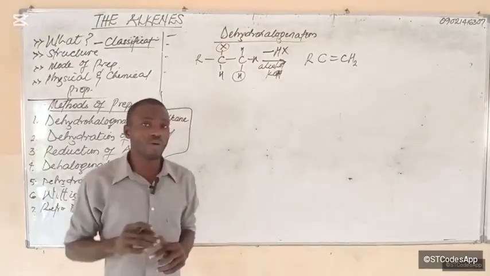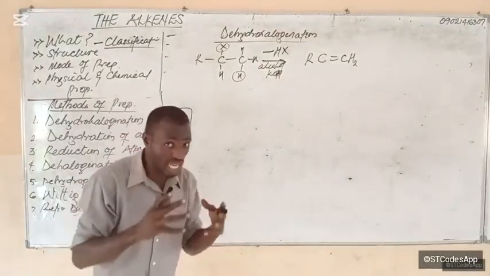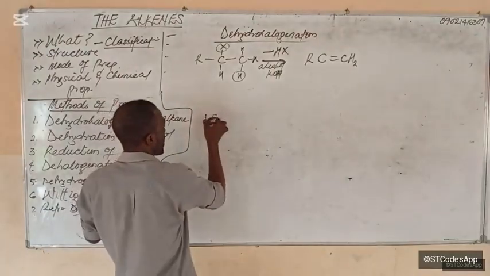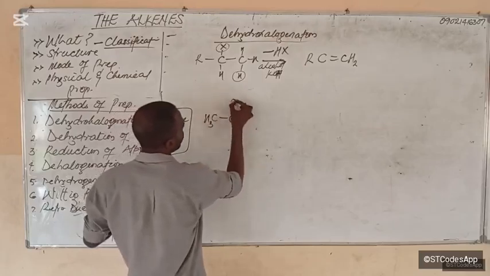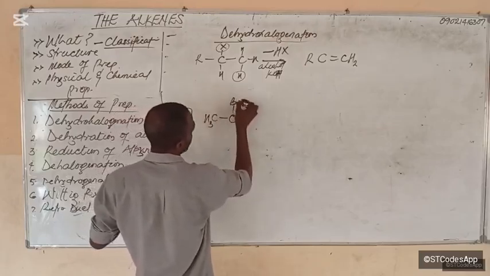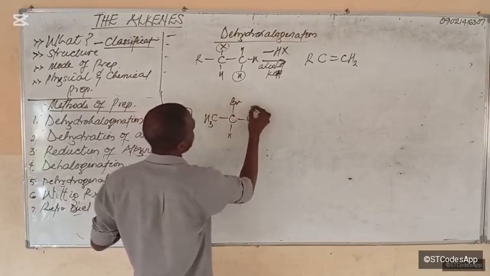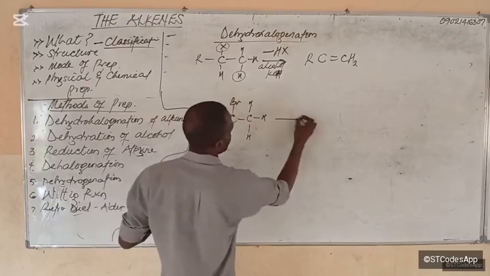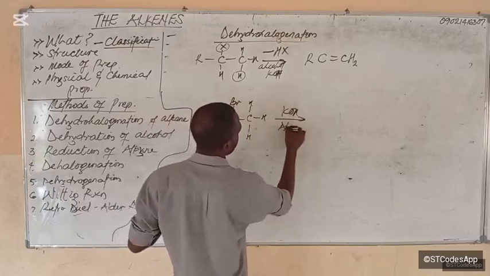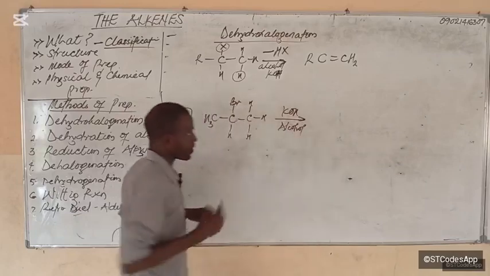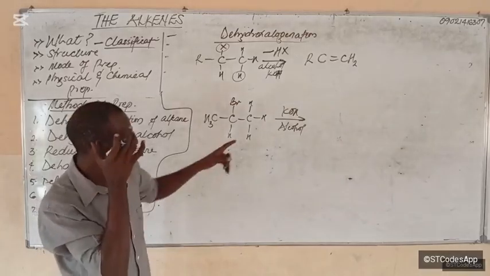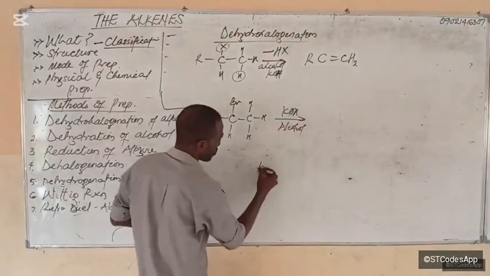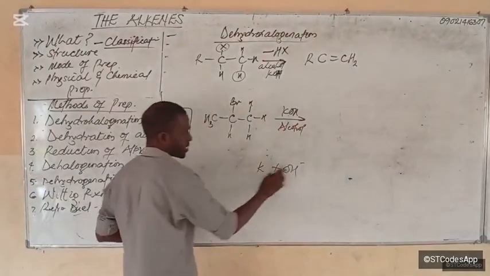Now, I'm going to talk about what we call Saytzeff's rule. But before we do that, let's talk about the mechanism of the reaction first. So let's say, for example, I had this compound. Now you see KOH can be broken down into K plus and OH minus when it ionizes.